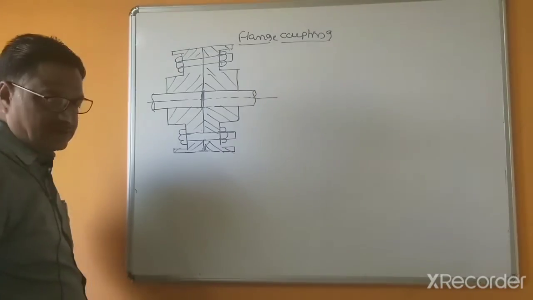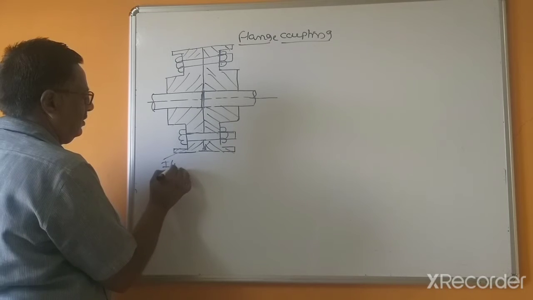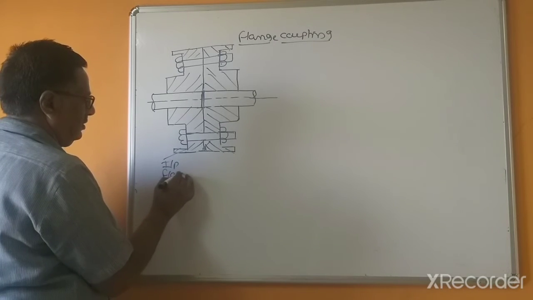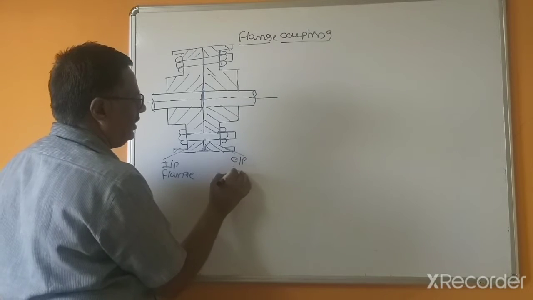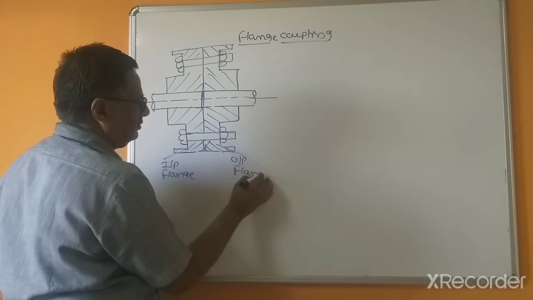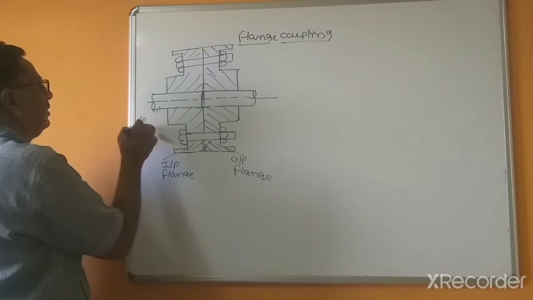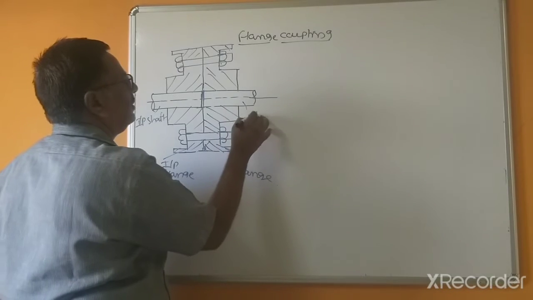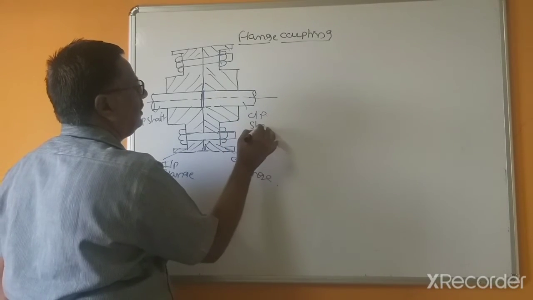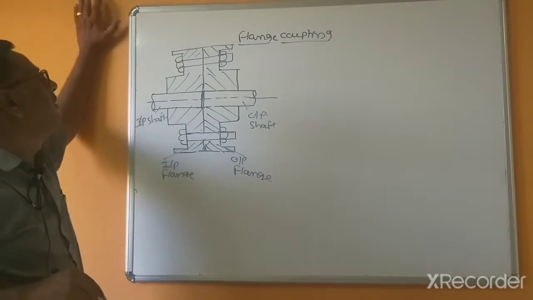Here are two parts: this is the input flange and this is the output flange. This is the input shaft and this is the output shaft, right?